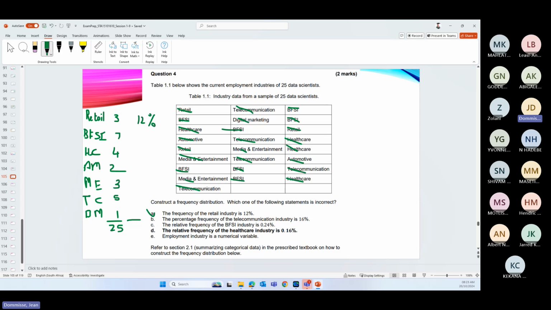The percentage frequency of the telecommunication industry is 16%. Telecommunication, so that is 5 divided by 25. Let me just do that again because I'm getting the wrong answer.